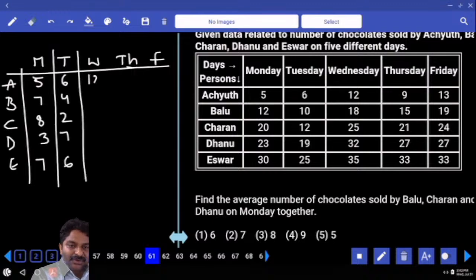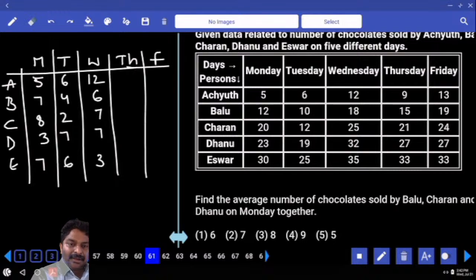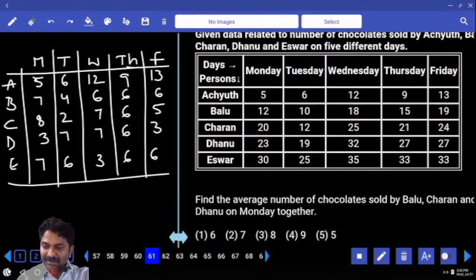Wednesday: 12, 6, 7, 7, 3. Thursday: 9, 6, again 6, again 6, again 6. Friday: 13, 6, 5, 3, 6. These are the actual values, right?